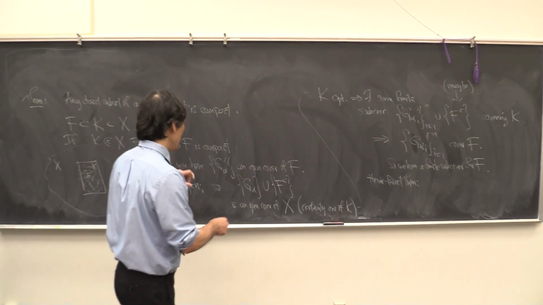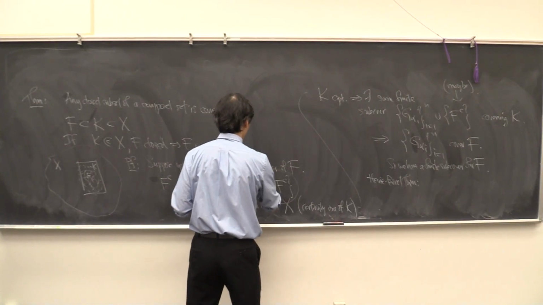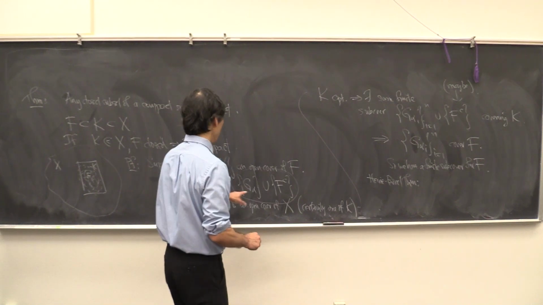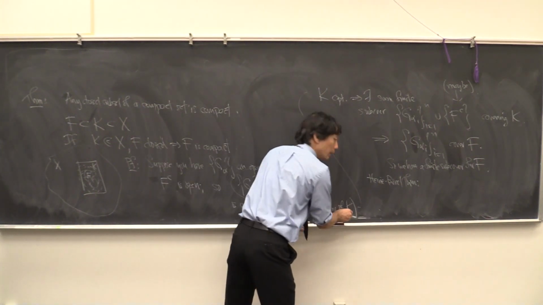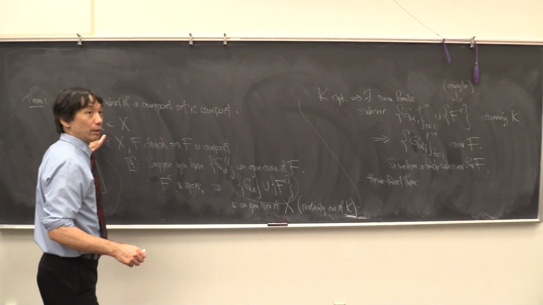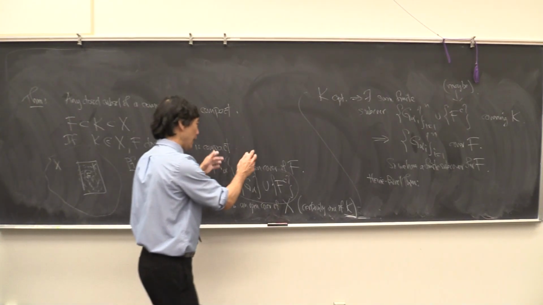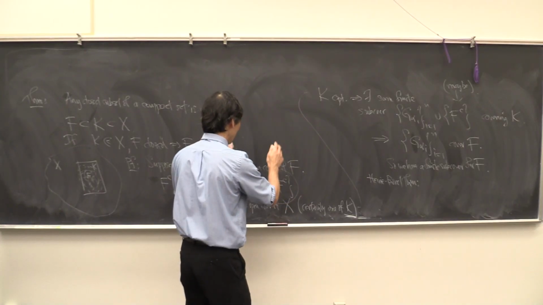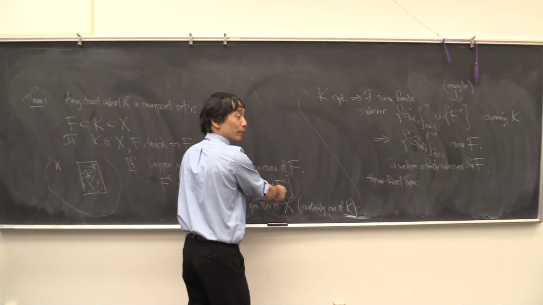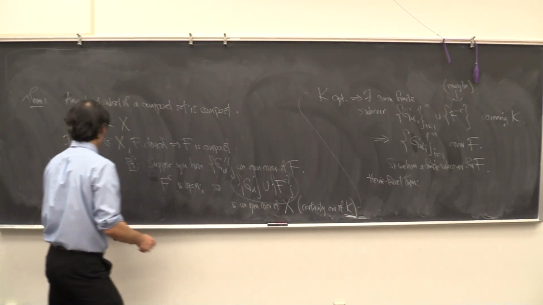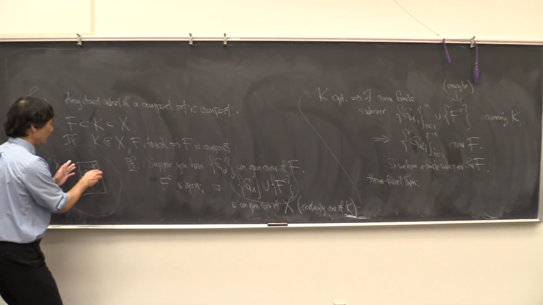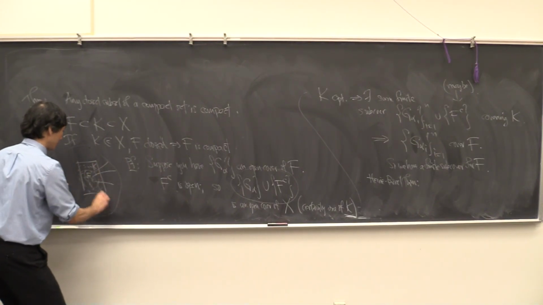Well, because this thing here is my open cover of K. I'm using the compactness of K, so I have to have an open cover of K. So I had to throw in this F complement to cover K, because my cover of F might not have covered K, right? So I throw in F complement.